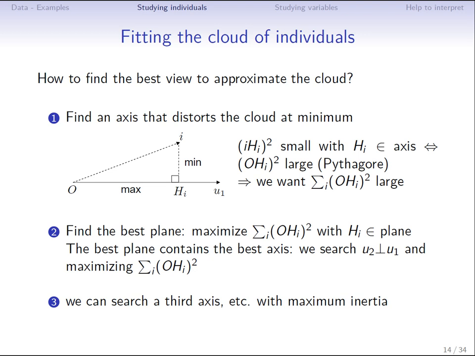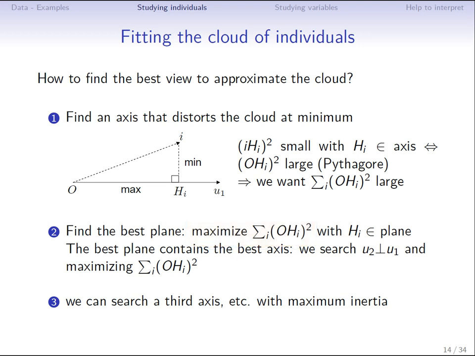The map is selected so that the distances between the projected points on the plane, H_i now being the projection on the plane, might be as close as possible to the distances between the initial points. Since in projection distances can only decrease, we try to make the projected distances as high as possible. So once again, I want the sum of all the OH_i squared to be as large as possible.